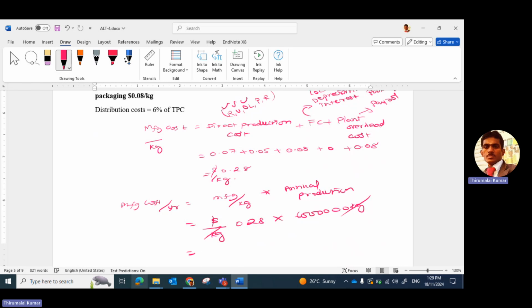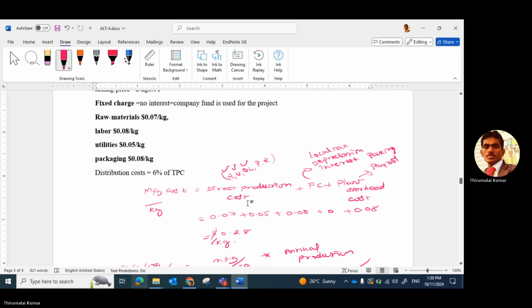At the end, the manufacturing cost times 6 million is $1,680,000.